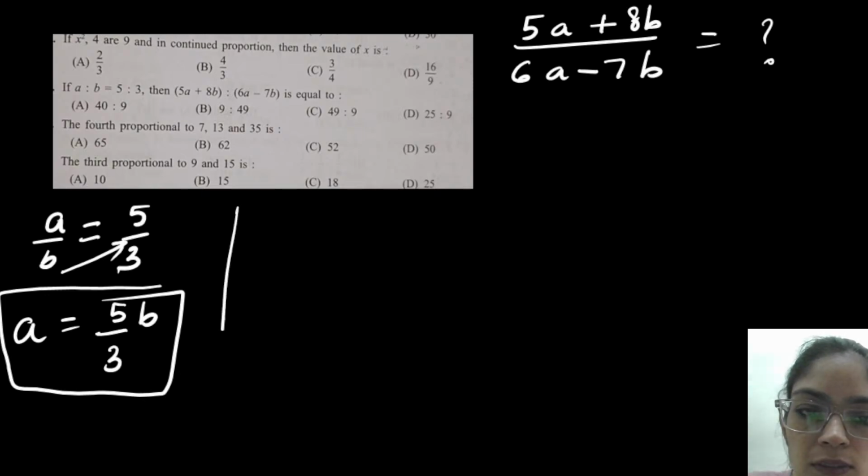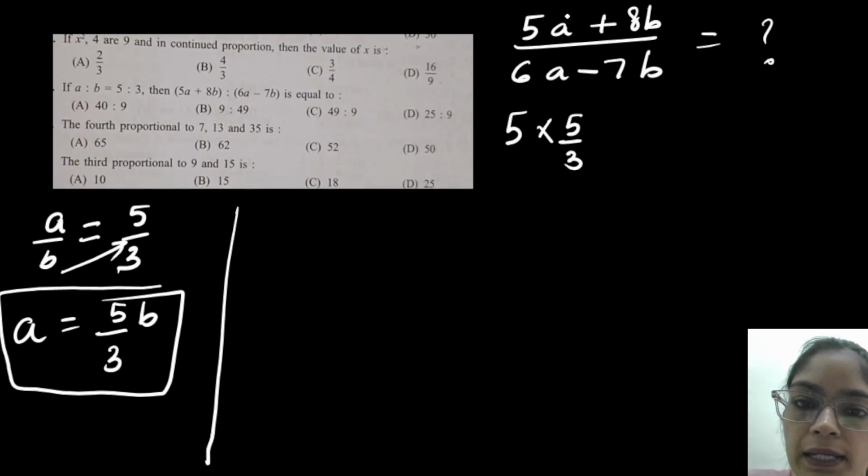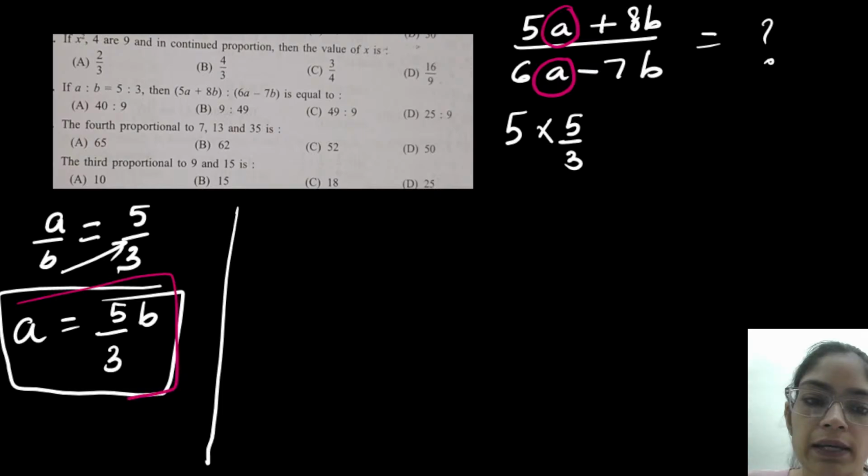So let's do this question. I have to find the value of 5A plus 8B, so we'll be substituting 5 by 3B. In the numerator here we have A, so wherever A is there, this value of A we can substitute. A is equal to 5 by 3B.